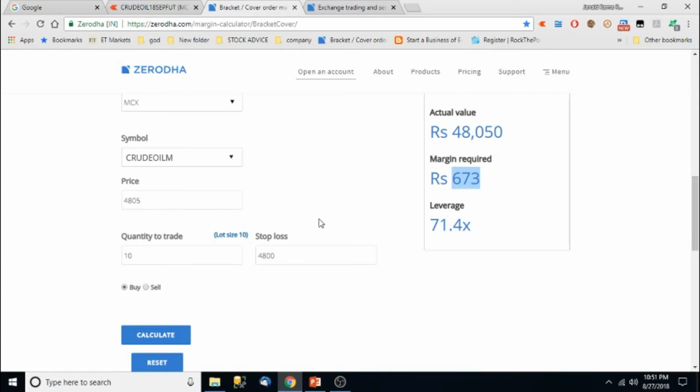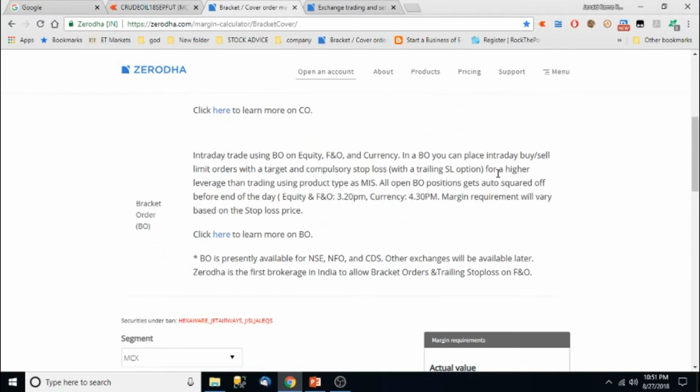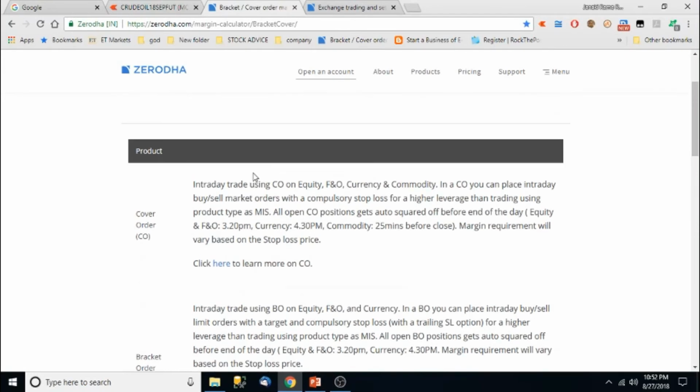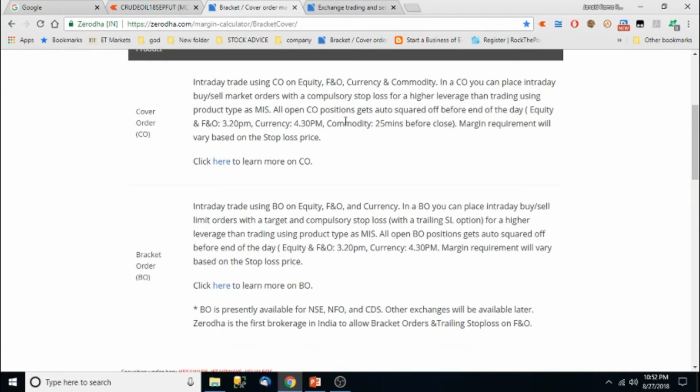But remember, these bracket orders and cover orders are daily. The closing will be done at the end of the trading day. See, here we got this explanation: all the cover order positions and bracket order positions will be auto squared off, meaning automatically closed by the end of the day.